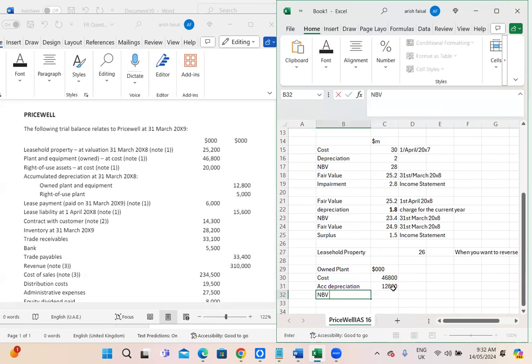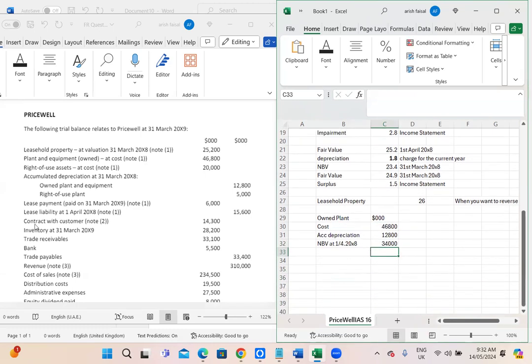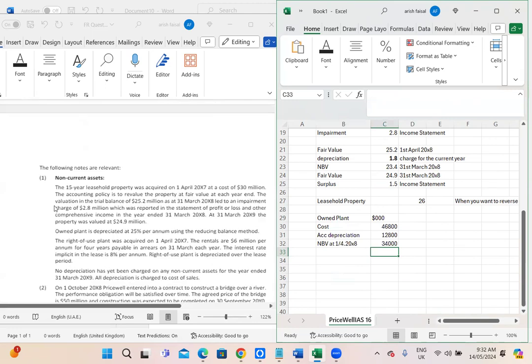So the net book value at the start of your year, which is 1st of April 2008, would be 46,800 minus 12,800. So it's 34,000. And the rate of depreciation they have provided you is 25 percent per annum using the reducing balance method.